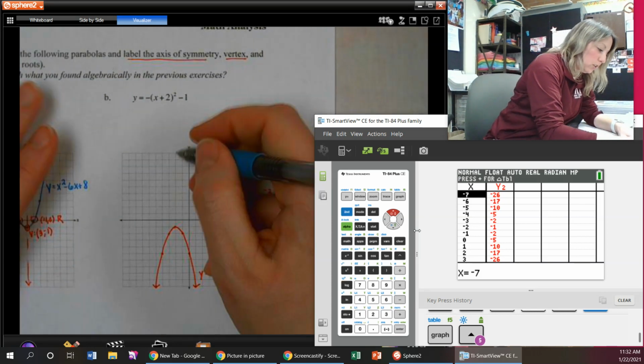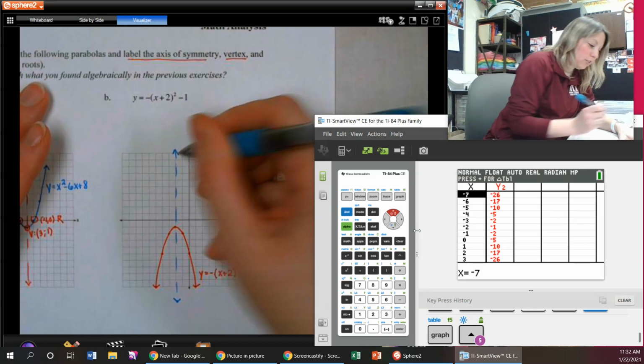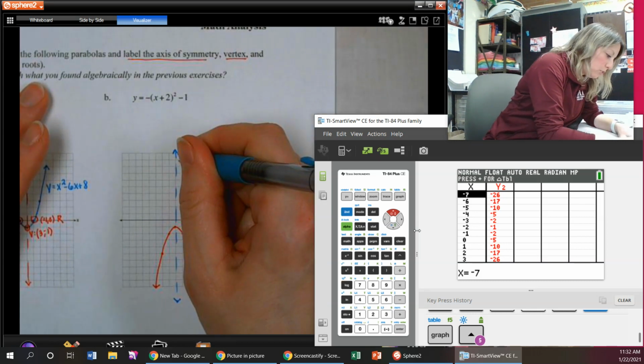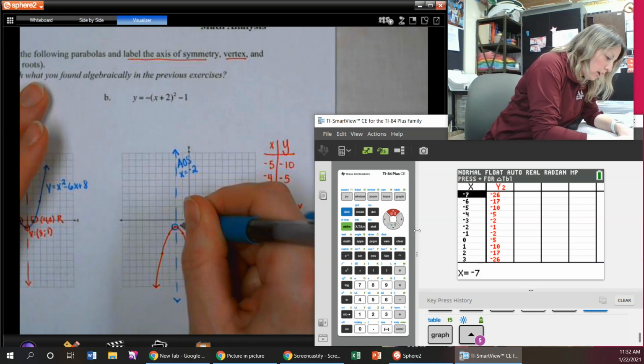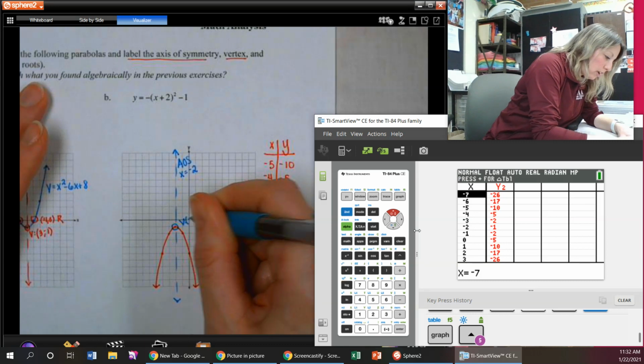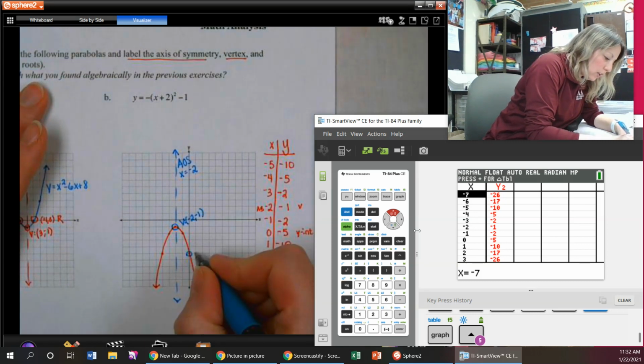And now, using my blue, I'll label the pieces I was asked for in the directions. So here's my AOS, or axis of symmetry, which is x equals -2. Here's my vertex, which is (-2, -1). Here is my y-intercept, which is (0, -5).